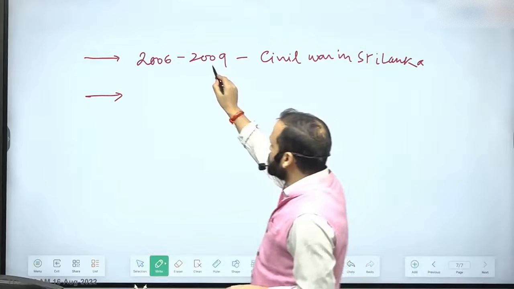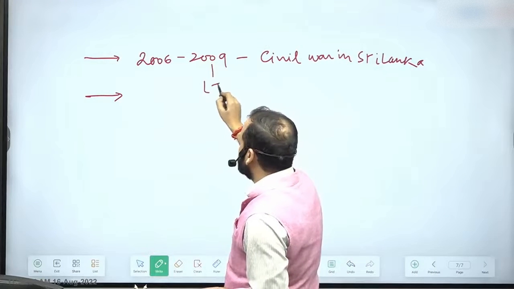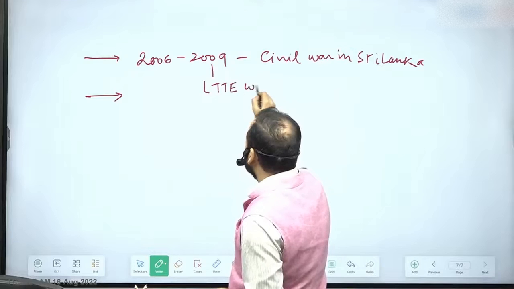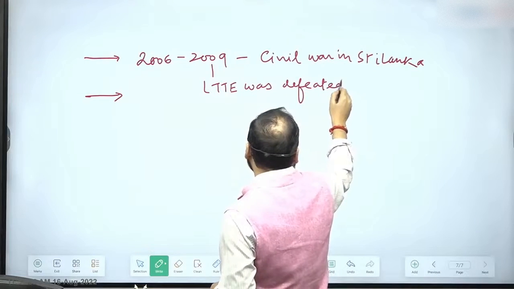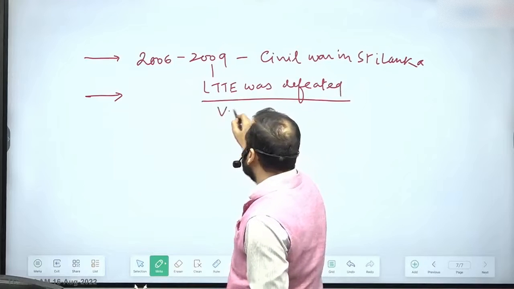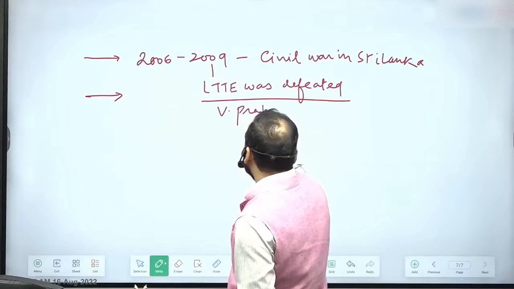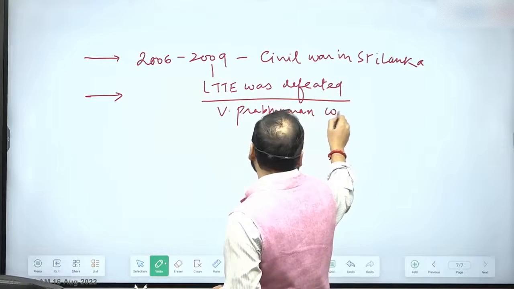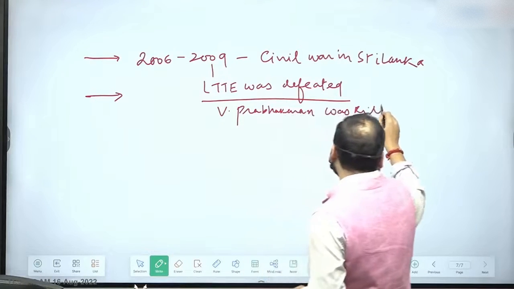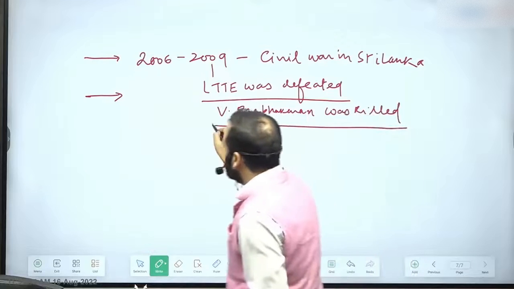So by 2019, what happened was the LTTE was defeated. The LTTE was defeated, and V. Prabhakaran, who was the leader of the LTTE, was killed in the fighting. So these two things happen.